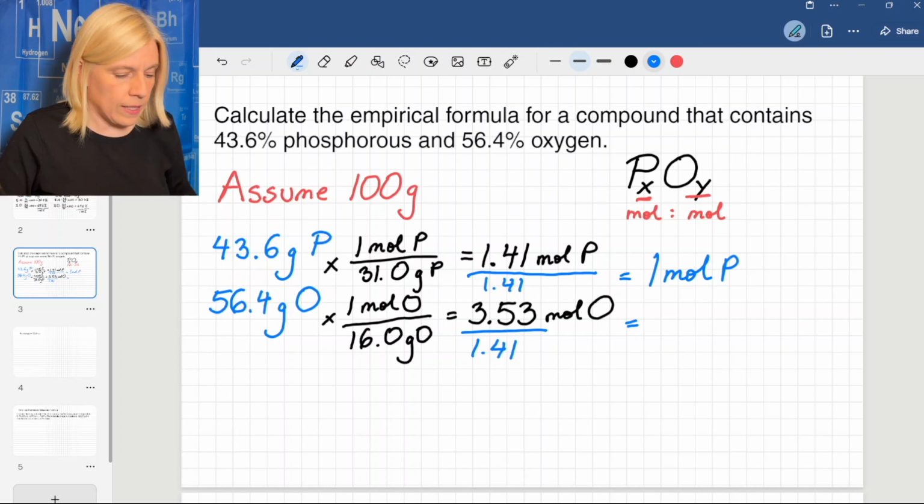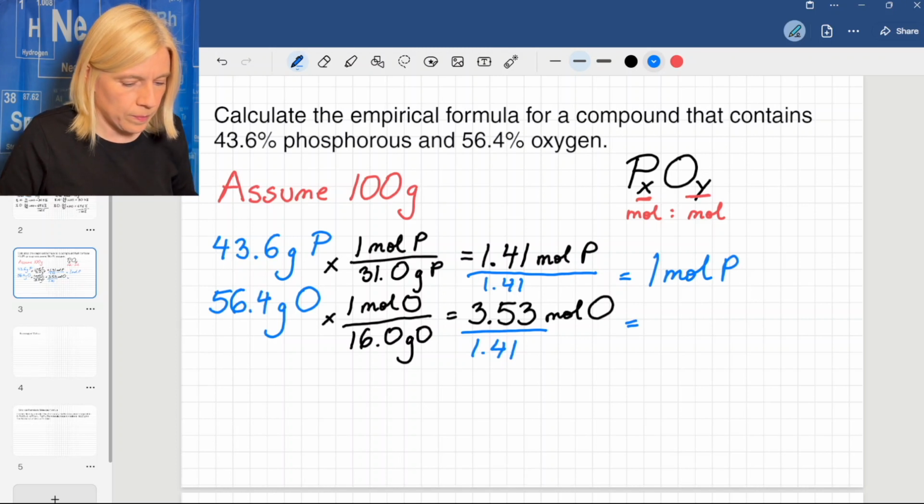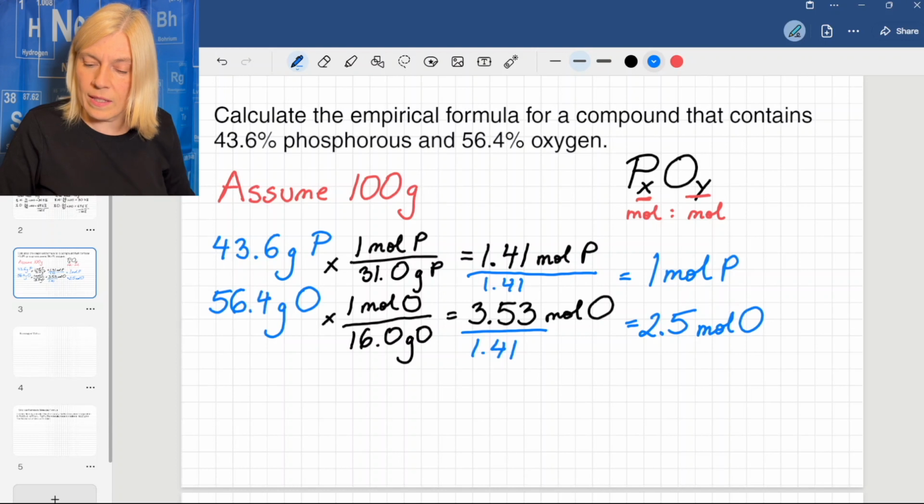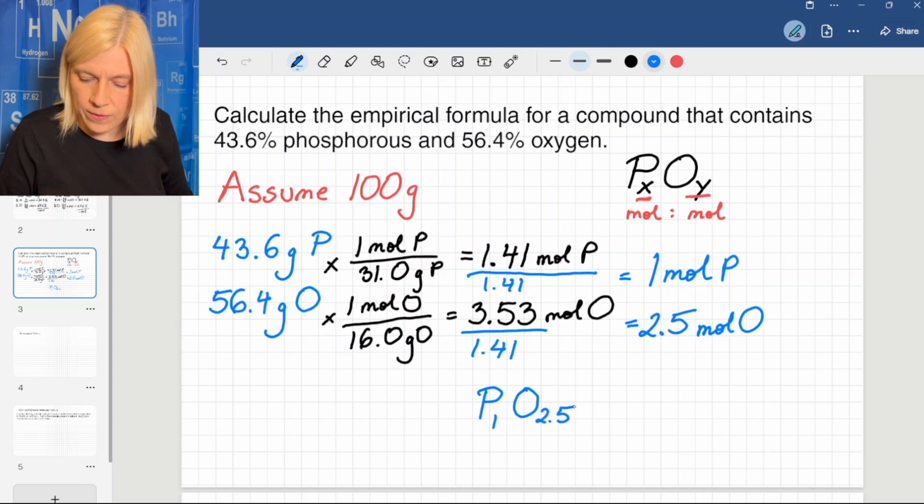And if I divide this by 1.41, I'm going to get 2.5 moles of oxygen. That's great. I'm getting closer. I can say, hey, I have P1 and O 2.5.